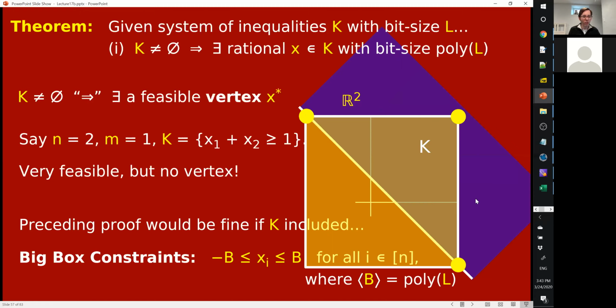So what I want to show is basically that whenever you have a linear program K with bit complexity L, you can, without loss of generality, put in big box constraints for a big value B that takes polynomially many bits in L to write down. Once we show that, then all this argumentation about there existing a vertex is true, and therefore there exists a rational solution that takes polynomially many bits to write down. Okay, does that make sense? Any questions?